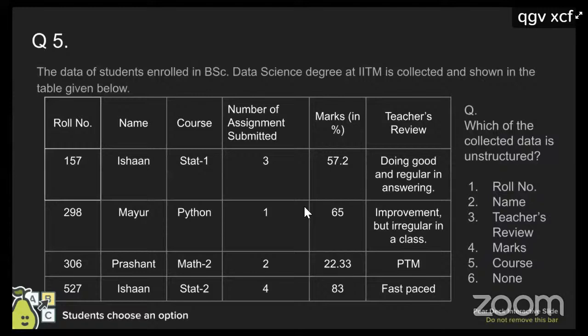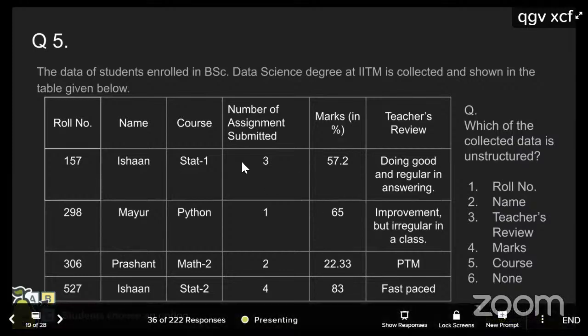So should I consider these 4 entries, or just assume that maybe the fifth roll number can also be zero? Listen to me. You have to think logically. Can the number of assignments be zero or not? Yes, it can be. That's why it is ratio. That's it.